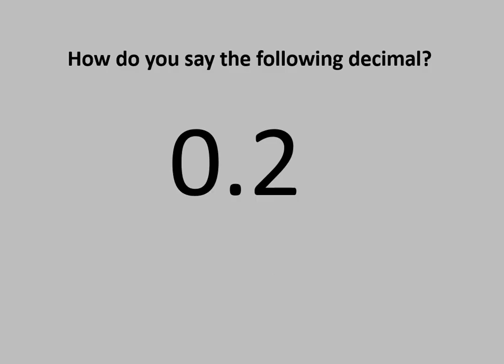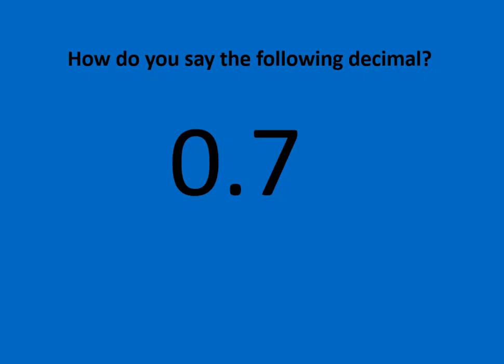How do you say the following decimal? How can you read it? It's 2. 2 what? 2 and the decimal point after one place, which means 2 out of 10. 2/10. Okay, what about this one? 7, the decimal point after one place, which means 7 out of 10.